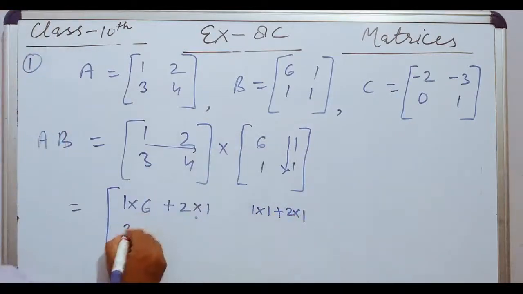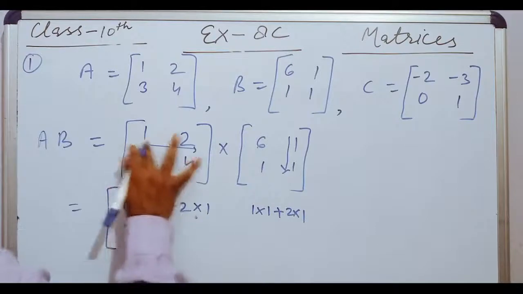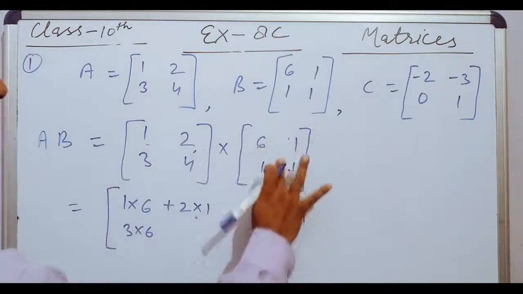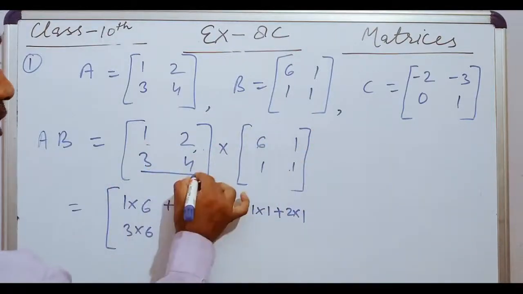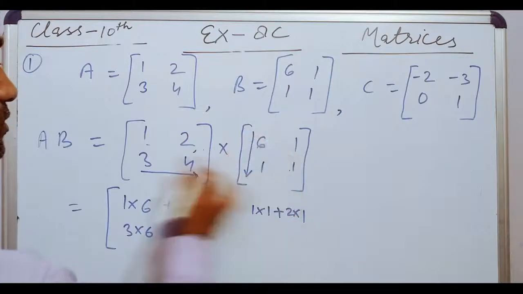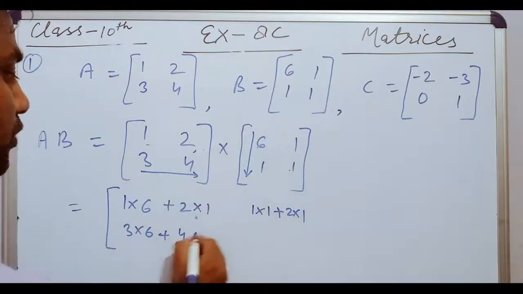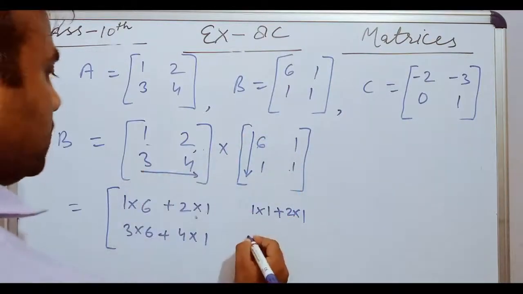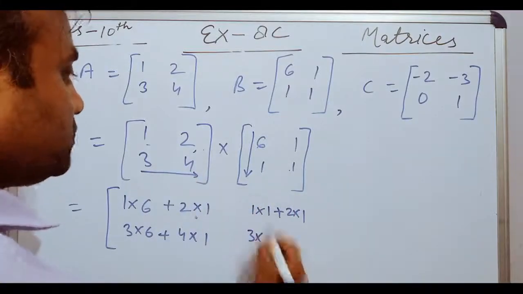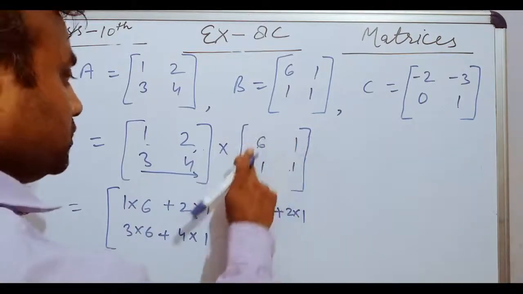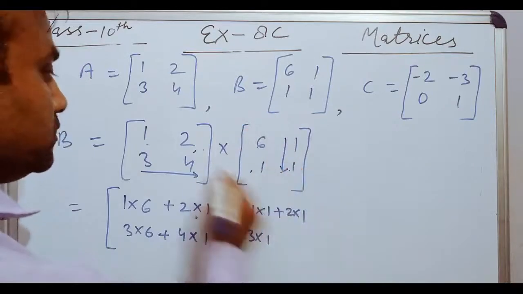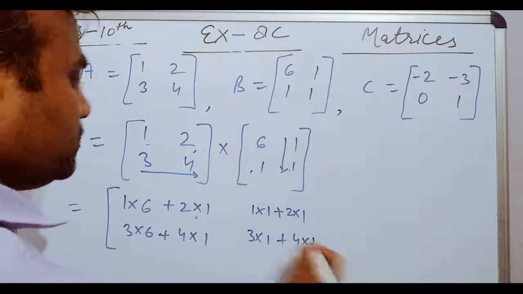Then 1 into 1 plus 2 into 1. Now 3 into 6 plus 4 into 1, then 3 into 1 plus 4 into 1.